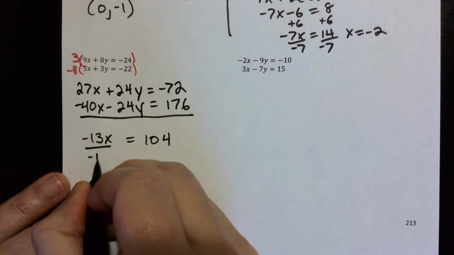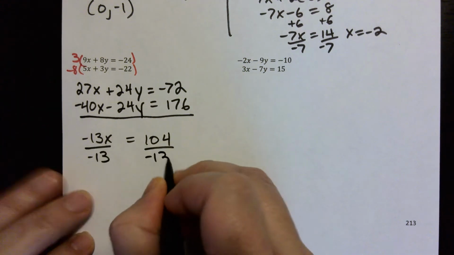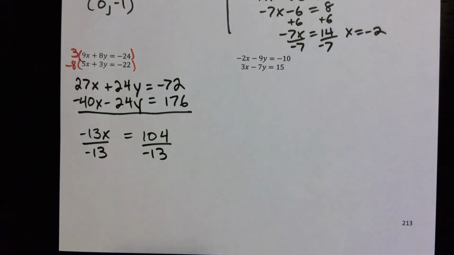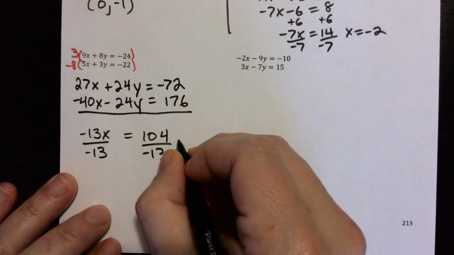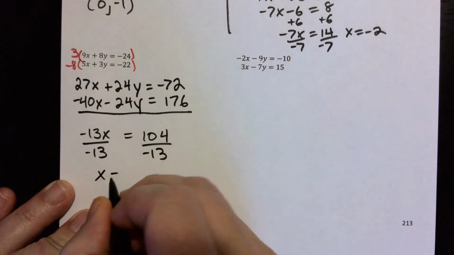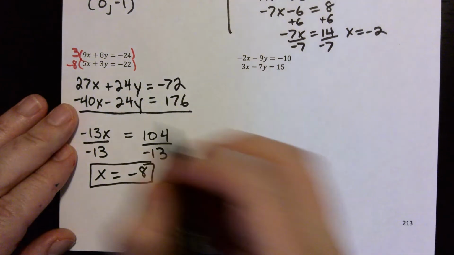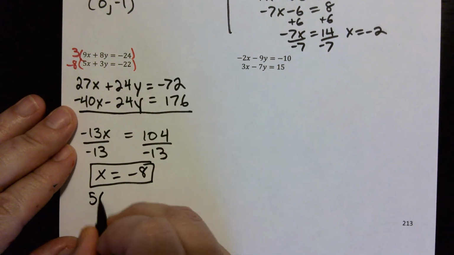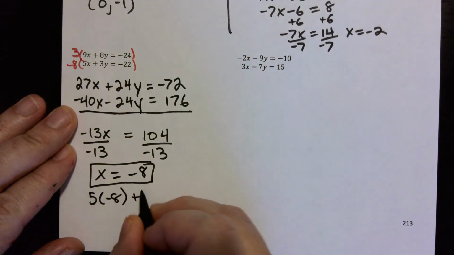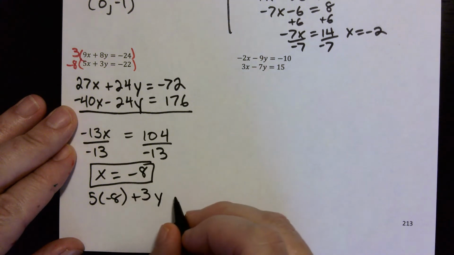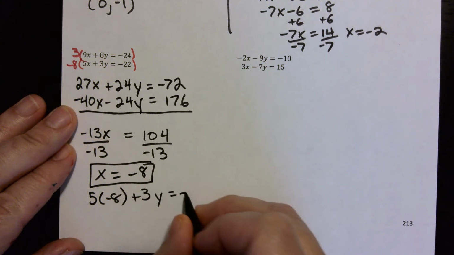And then divide by the negative 13 on both sides. And how many times does negative 13 go into 104? Well, 13 goes into 104 8 times, so our answer will be negative 8. So x is equal to negative 8. Okay, that's my first part. Let's find the other part. Let's use the second equation. So 5 times negative 8 plus 3y equals negative 22.